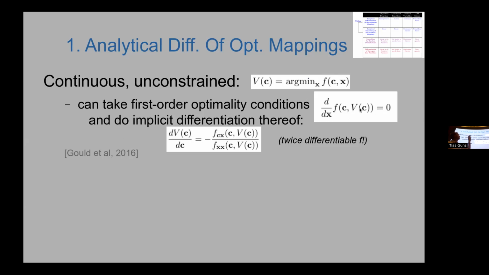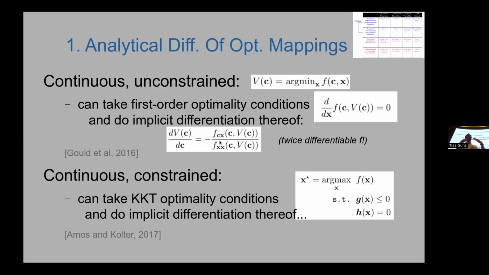It's still not an explicit mapping from the coefficients to the solution, but it is a condition that needs to hold. And so you could actually do implicit differentiation of this optimality condition. And under the assumption that your function is twice differentiable, this is a valid gradient for that unconstrained continuous problem. All right, so if f is twice differentiable, this is what the gradient would be.